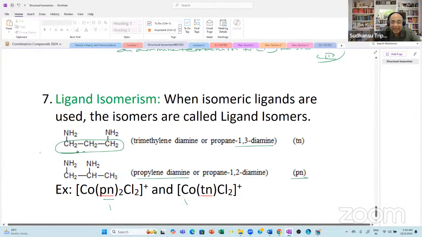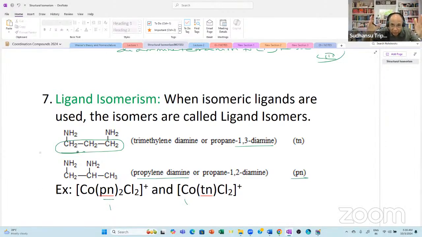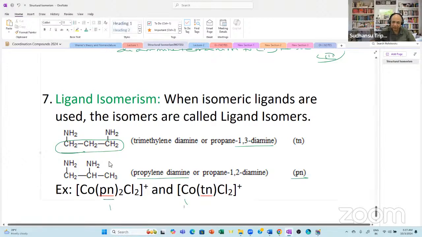If you are using isomeric ligands, then the isomerism of the complexes is called ligand isomerism, because the ligands are isomers. Just write down at your leisure in your copy the 7th type of structural isomerism.